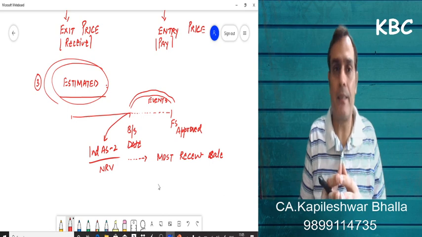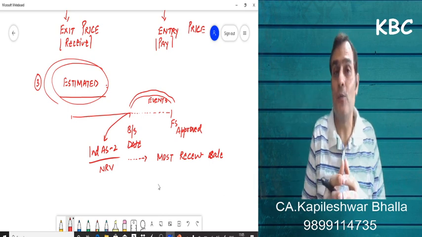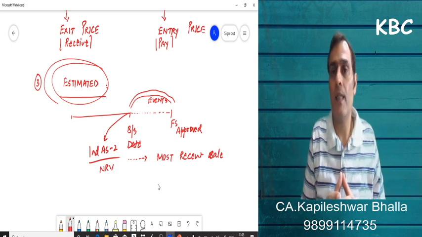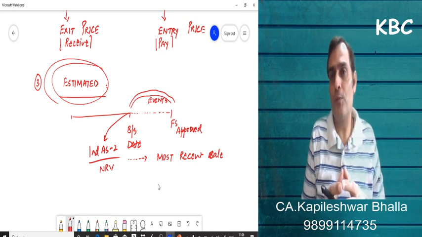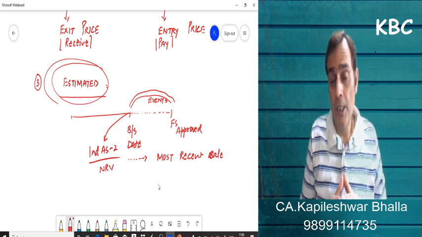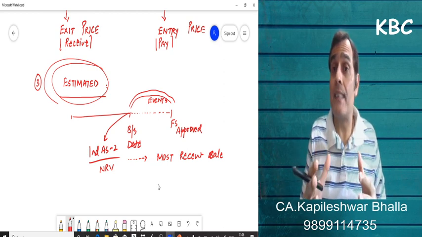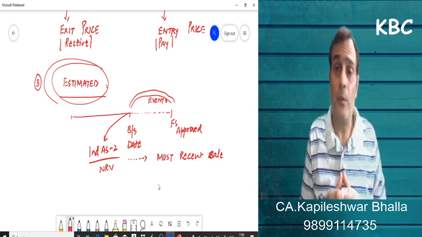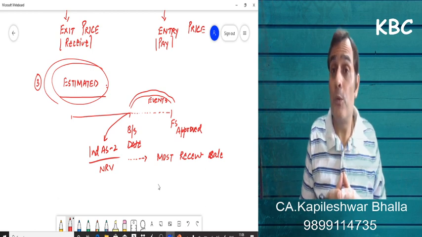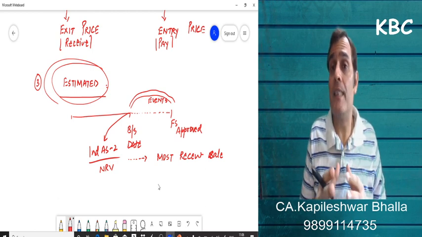You heard me correctly. Don't worry, I'm going to pen down all these notes. I'm just giving you the chain of thoughts, then we'll make some consolidated notes put together. So when you're looking at the date when the estimation of the selling price takes place, we need to consider the impact of Ind AS 10 as well.